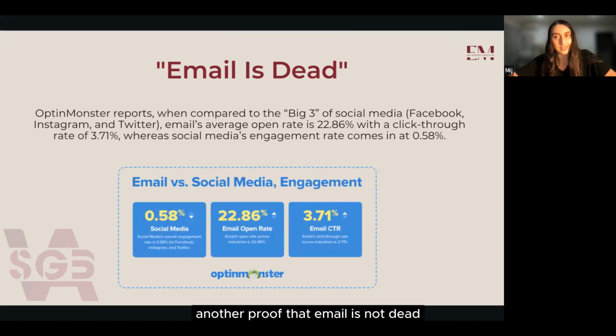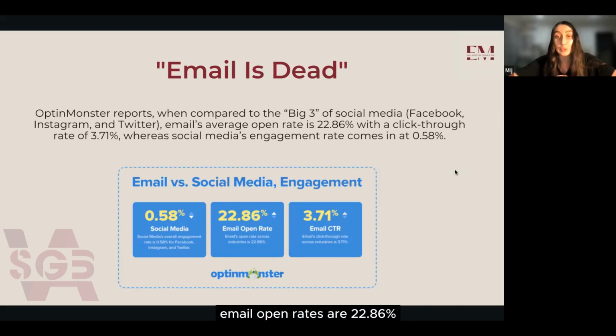Another proof that email is not dead is this report that I'm sharing with you. It's from OptinMonster. They did research and a comparison between three big social media channels such as Facebook, Instagram, and Twitter. As you can see on this graphic below, social media only brings 0.58% of engagement rate.